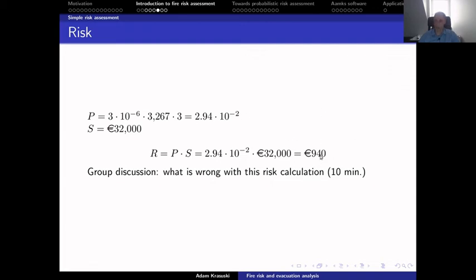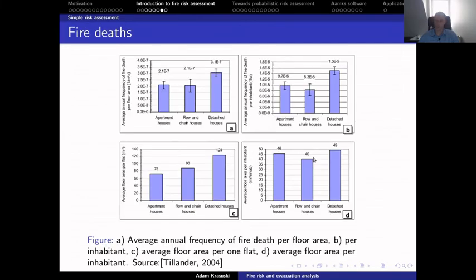However, we as fire safety engineers need to evaluate the consequences of the fire for people, whether this is death or serious injury. Okay, so maybe this is not a very big problem, because we go back to the statistics.